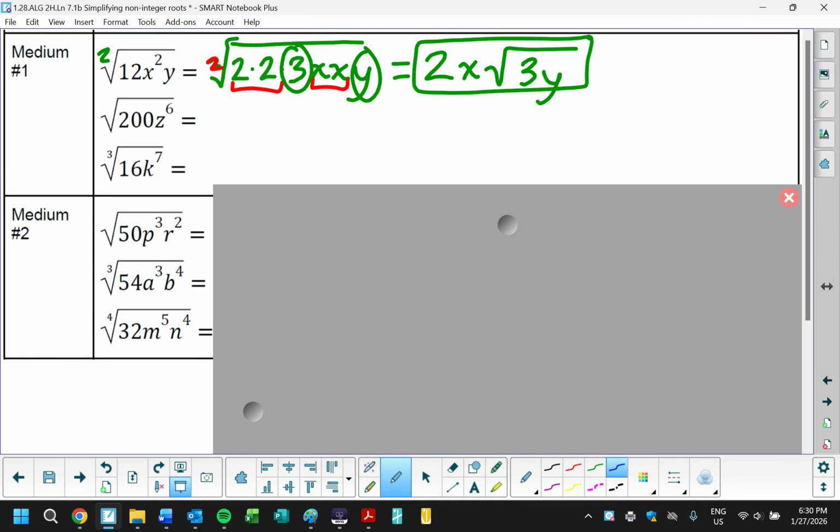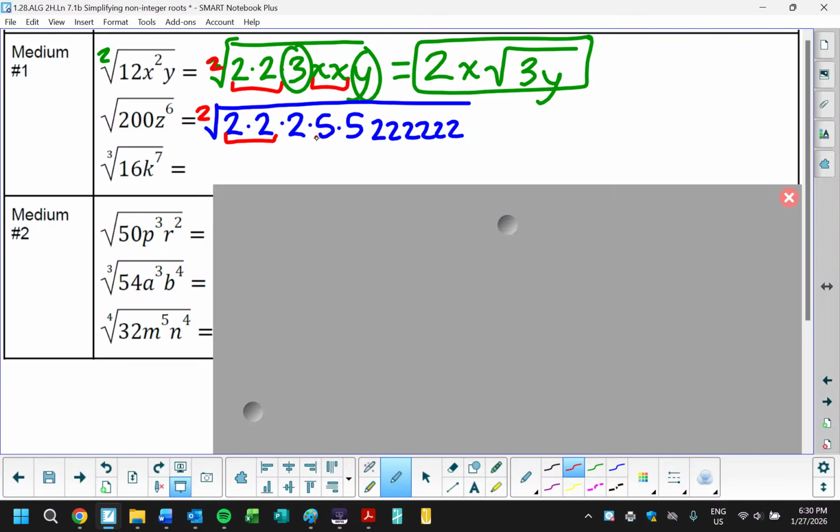So we're going to have to leave those inside, leaving us with 2x times the square root of 3y as simplest form. Onward we go, where 200 is the product of 2 times 100, 100 is 2 times 50, 50 is 2 times 25, and 25 is 5 times 5. And then z to the 6th is z multiplied by itself 6 times. Again, a second or square root. I see 2 times itself, I see 5 times itself, and I guess I could do this: z to the 3rd times z to the 3rd.